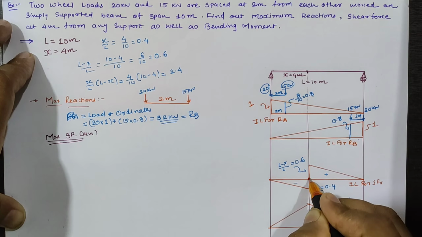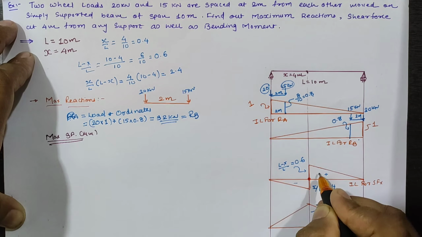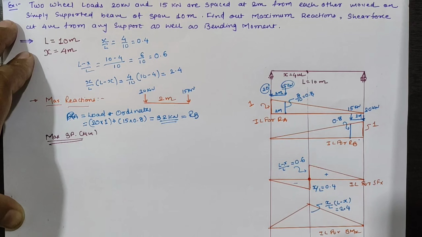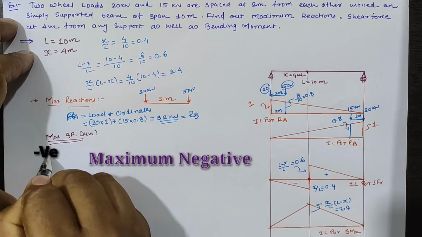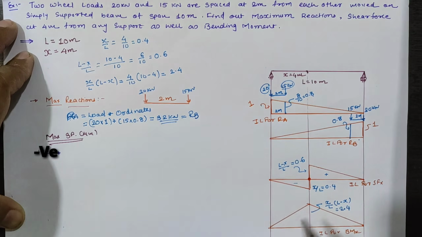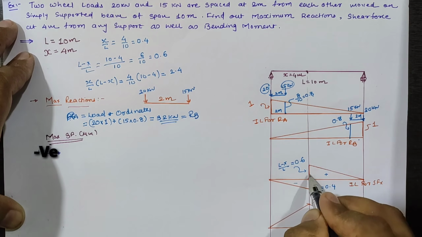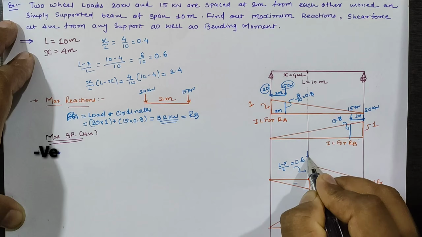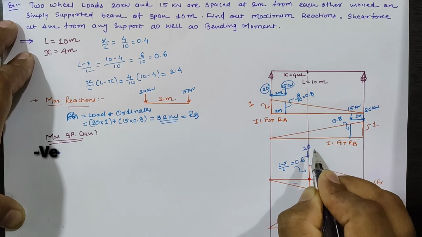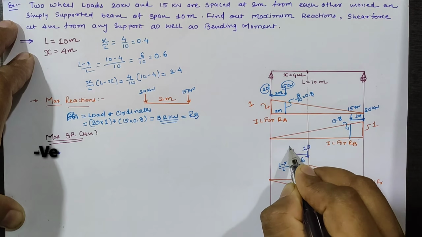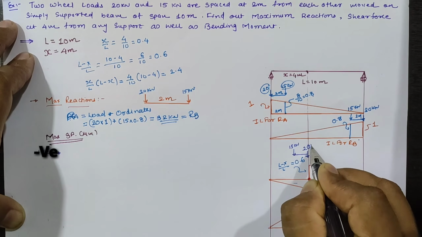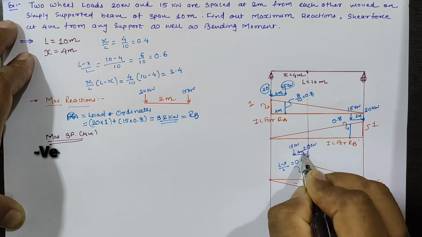It means that we can calculate the maximum negative as well as the maximum positive value for the shear force. The maximum negative shear force will occur only if the 20 kilonewton load is placed on the section and the 15 kilonewton load is in the left portion at a distance of 2 meter.